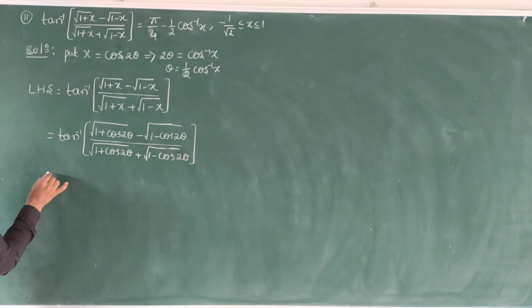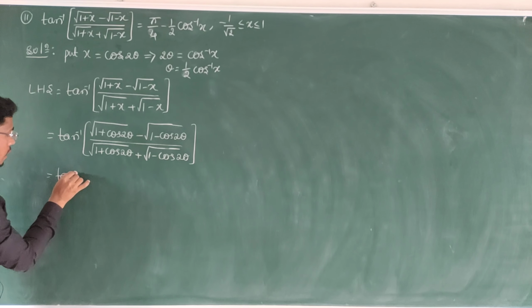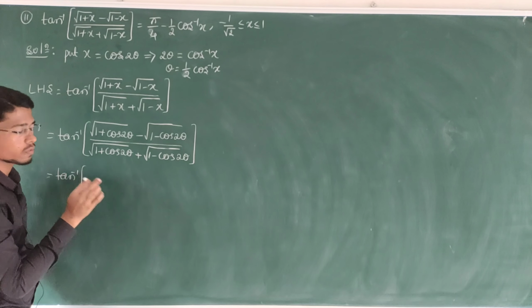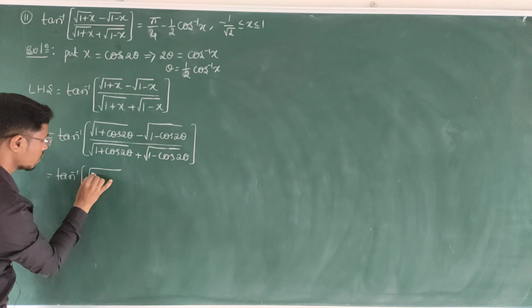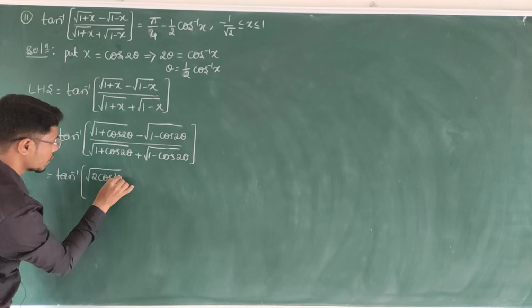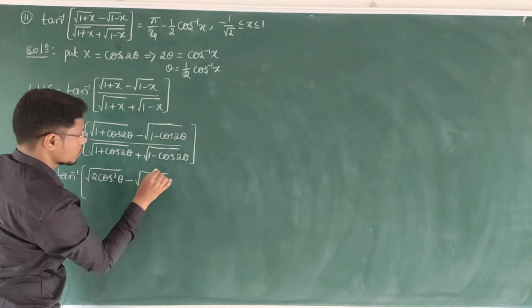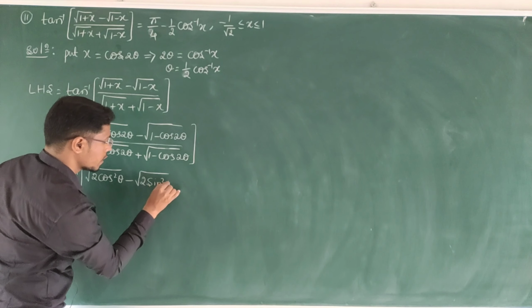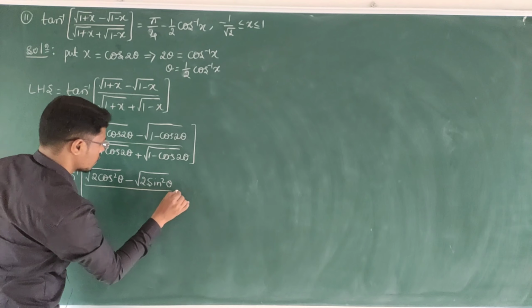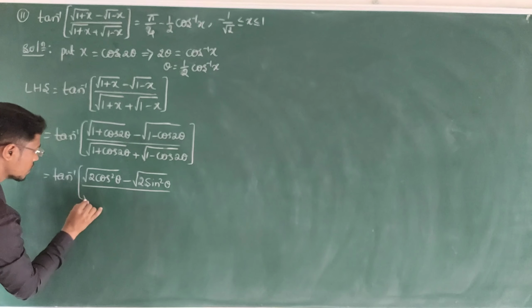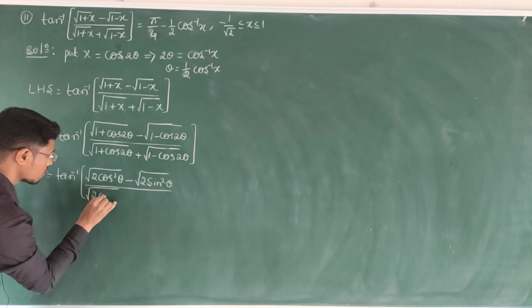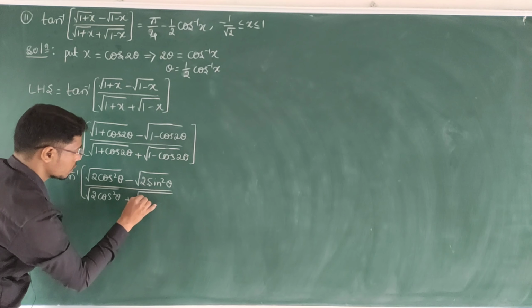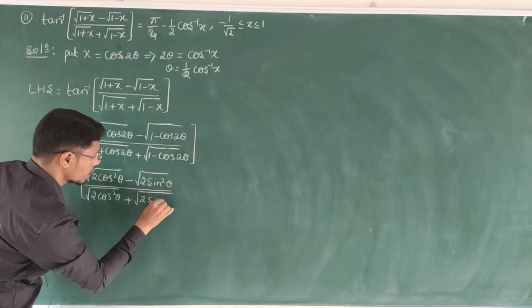See, 1 plus cos 2 theta is 2 cos square theta, and 1 minus cos 2 theta is 2 sin square theta, under the roots.